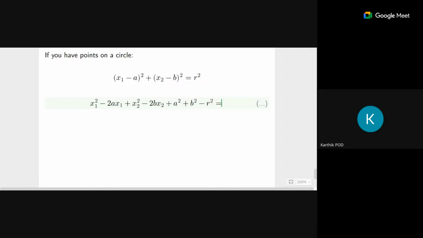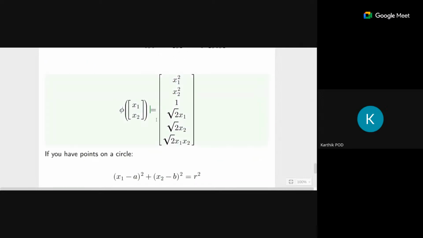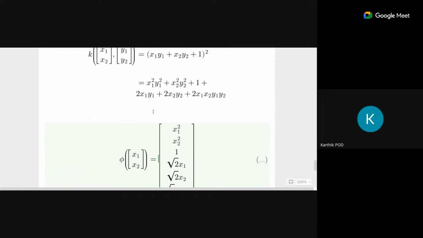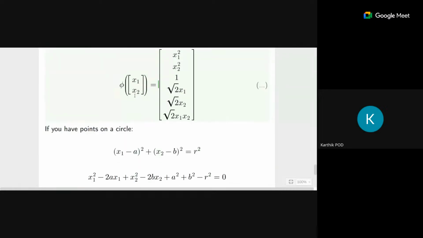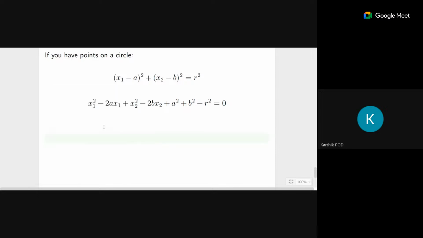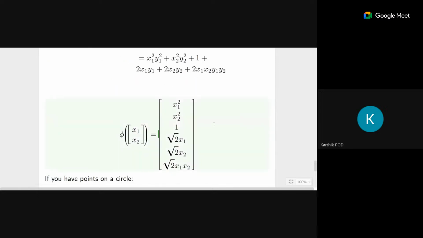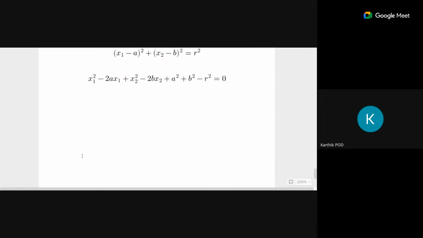So now this can be written in terms of a dot product with some w times phi of x1 x2. Let me keep this side by side so that you know what is happening. I am coming up with a similar matrix on this side.